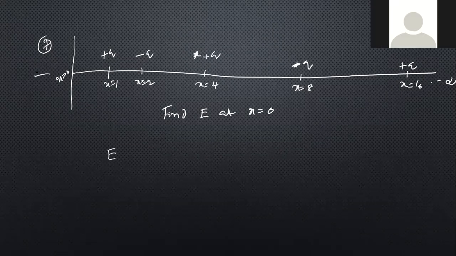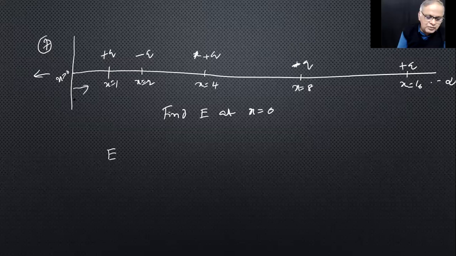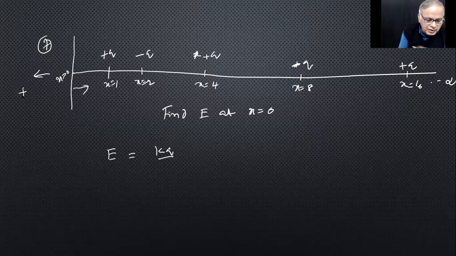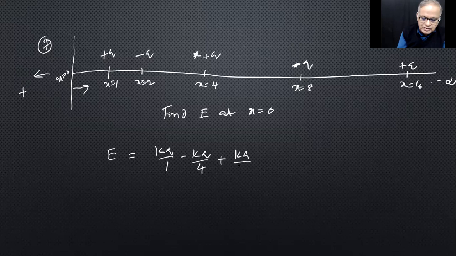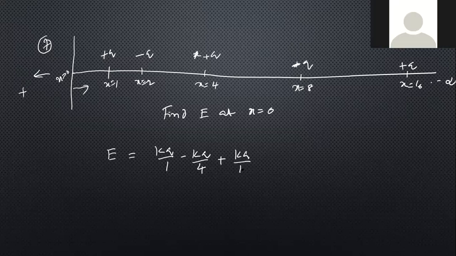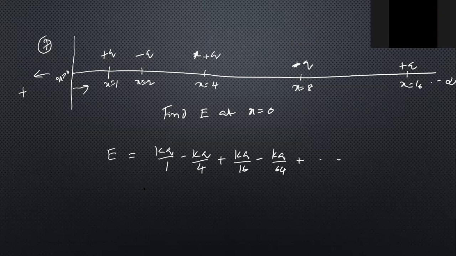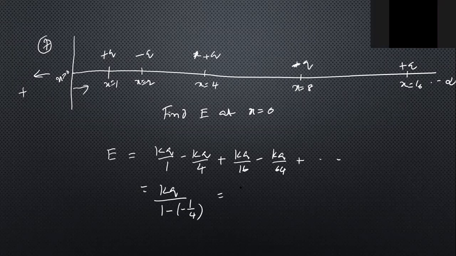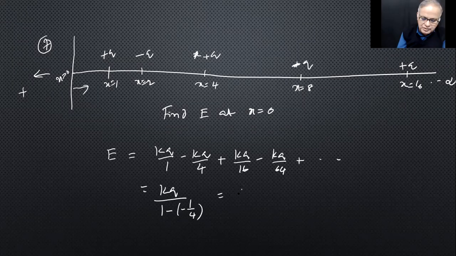Look, one E will be this way, the other E will be this way, isn't it? So I can write kq by 1 as positive, for example, this way, doesn't matter, minus kq by 4 plus kq by 16 minus kq by 64, like that. So what is the GP now? The common ratio is minus 1 by 4, isn't it?